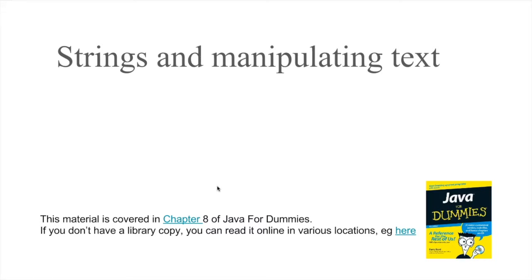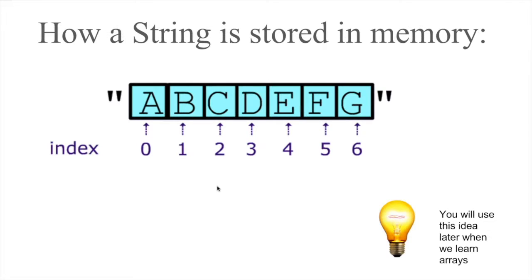Okay, let's look quickly at strings and manipulating some text. We should remember by now that a string is made up of an array of chars, of single characters, single Unicode characters. Now, Unicode means that the character is quite complex. In other words, it can be from any language in any character set.